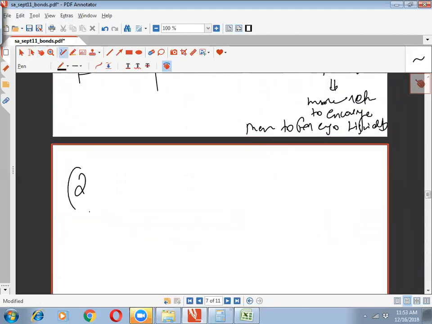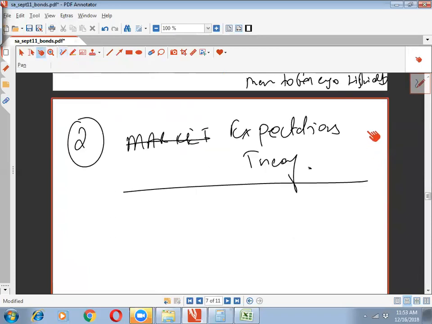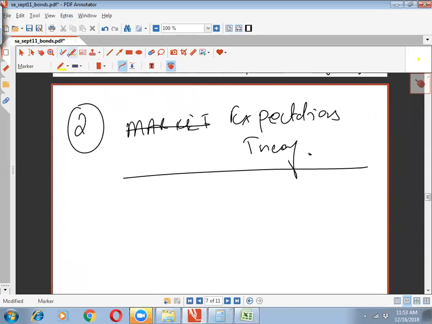The second reason for the yield curve to be upward sloping is the market expectations theory, which is more commonly known as expectations theory. Now, what is this expectations theory?